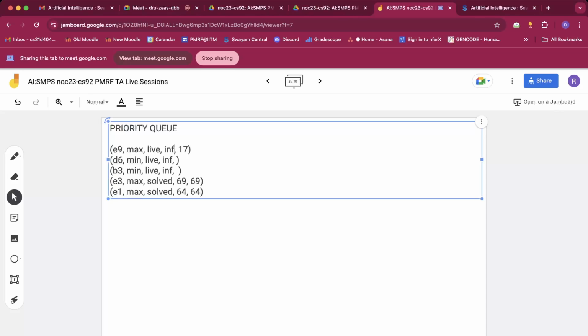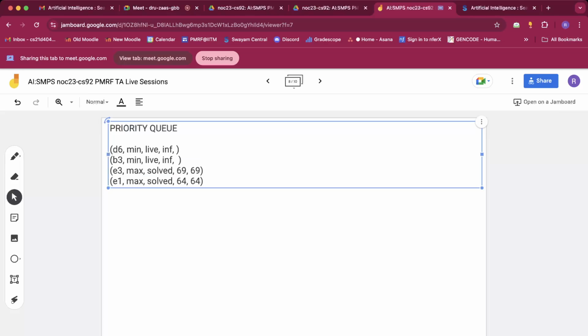Again, this has a value of 17, so we can label this as solved. Change the bound to 17, then pop it and add it to the bottom of the priority queue.